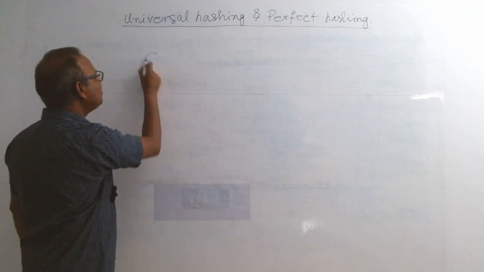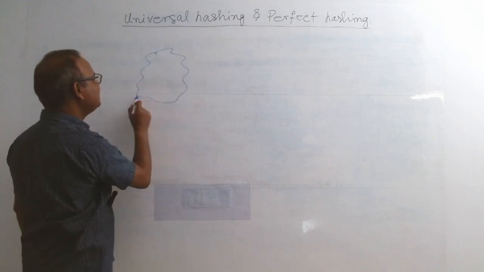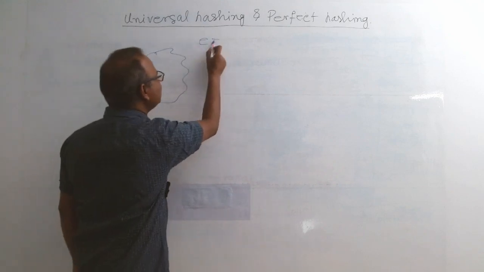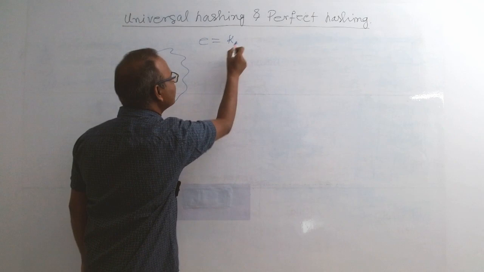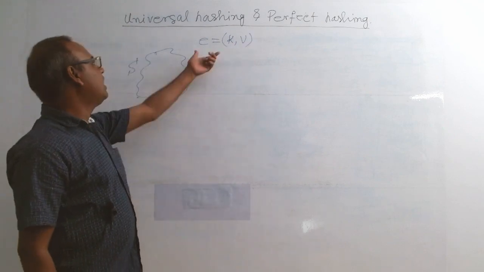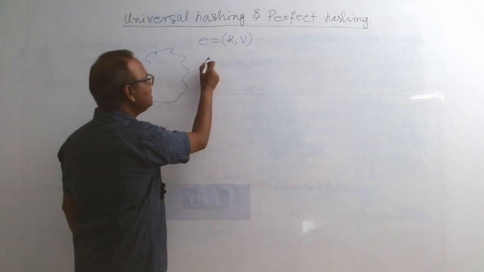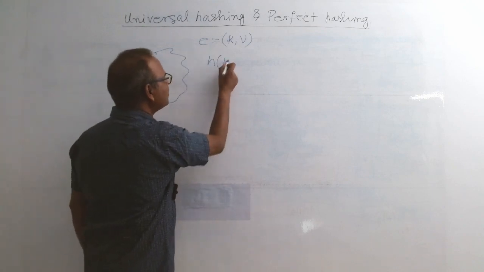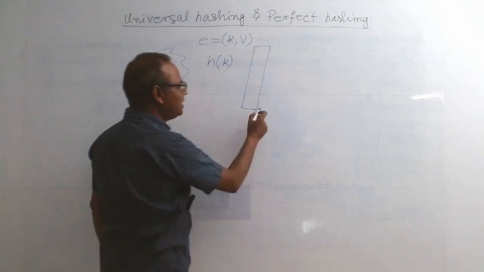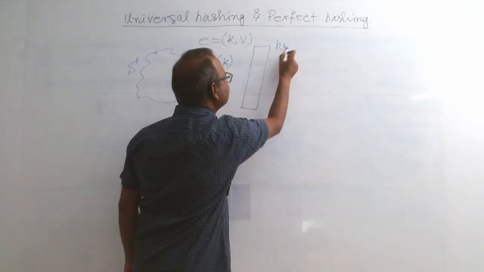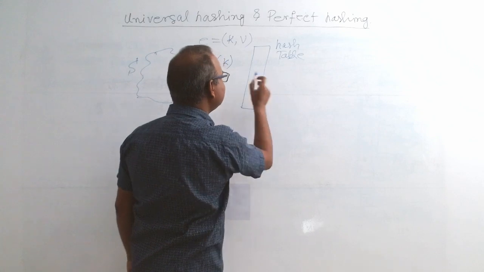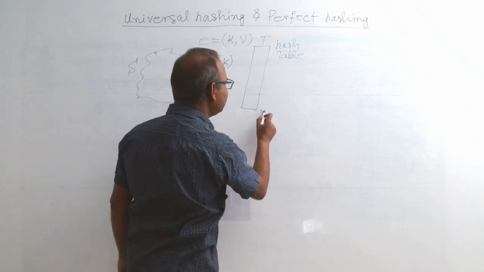We have a set of elements, and each element is a key value pair. The hash function works on the key and maps it to a hash table. We can denote it by T and its length is n.